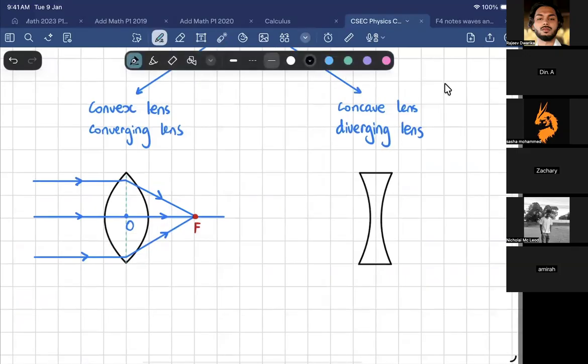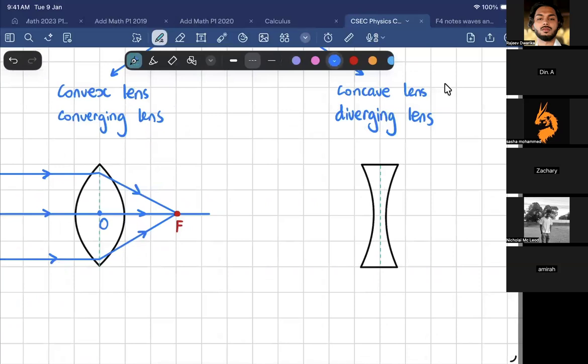All right, so I'm going to repeat the same process. This center over here, can somebody tell me what I would call this? What's the name of this again? The center of the lens? Optical center. Yeah, it is. That's called the optical center.